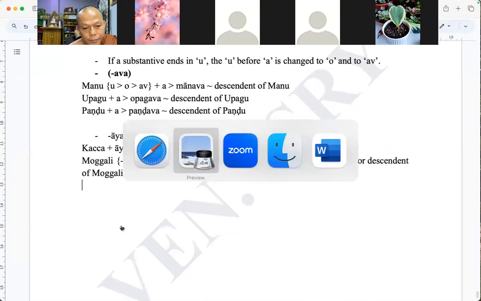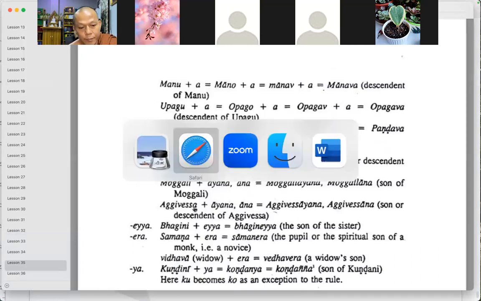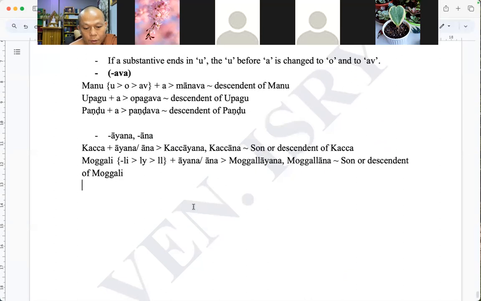And then next is Ekiwisa. So Ekiwisa and the Ayana or Ana. So we have the Ekiwisa Yana or, so Ekiwisana with the Ana.